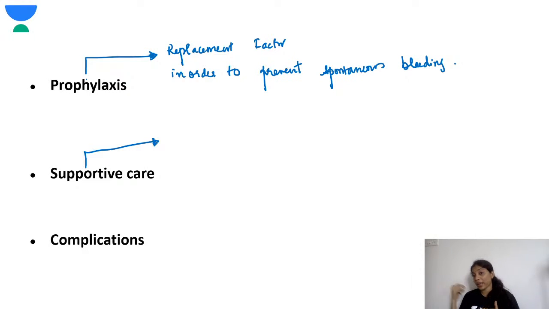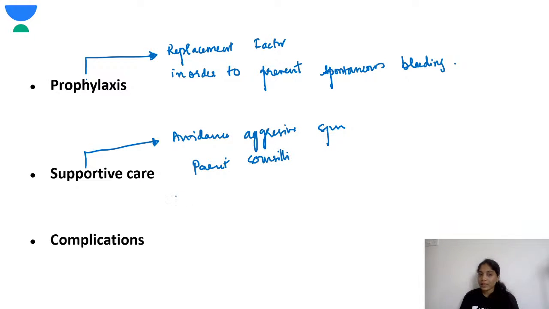You should educate the parents really well. Thirdly, you have to see that the child is not involved in very aggressive sports where they get hit. So avoidance of aggressive sports, parent counseling, and seat belts. These are the various things.